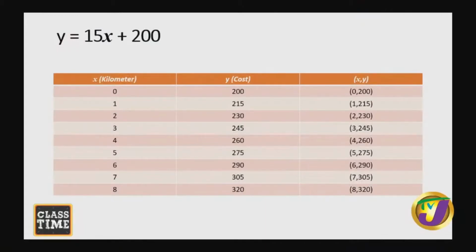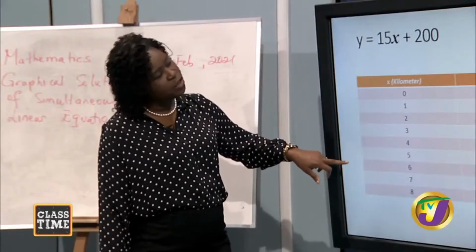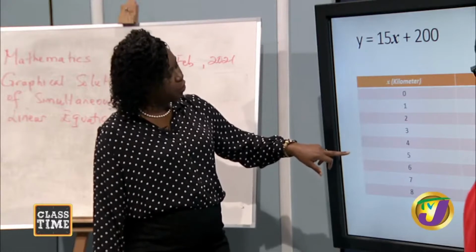For example, if we traveled 6 kilometers, to know how much to pay the taxi driver, 6 multiplied by 15 gives us 90, plus 200 would be 290. Notice in the far column there, we have some pairs of coordinates. Those ordered pairs are what we would need to plot on our graph, and then we'll be able to see the information on the graph. Let's see what the graph looks like using some of the points from our ordered pairs.